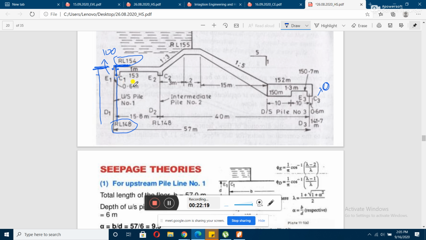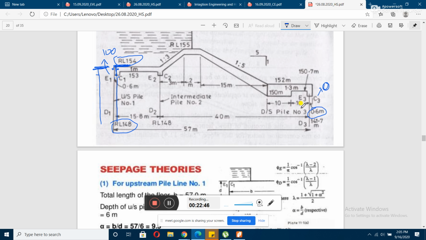The total floor length is 57 meter. And just remember, the end cutoff piles are situated at a distance of 0.6 meter from the extreme ends of your floor.